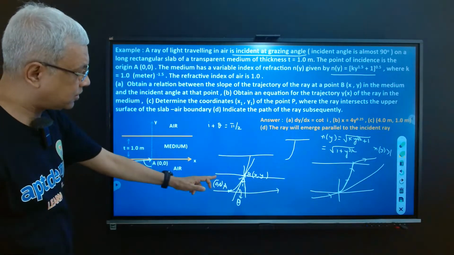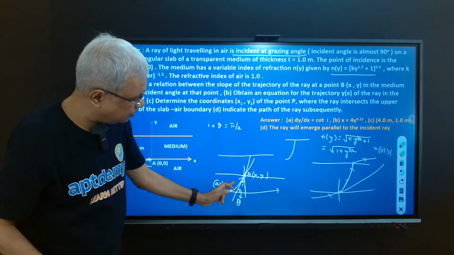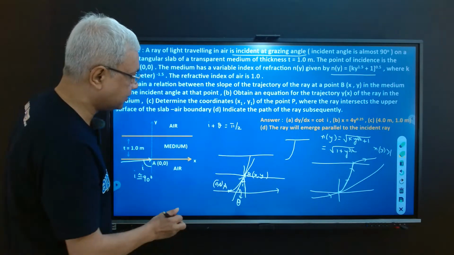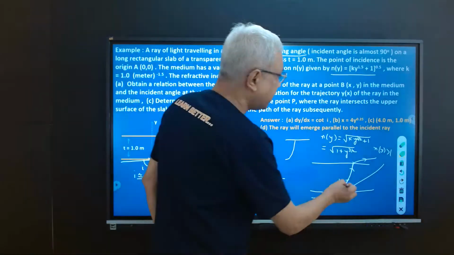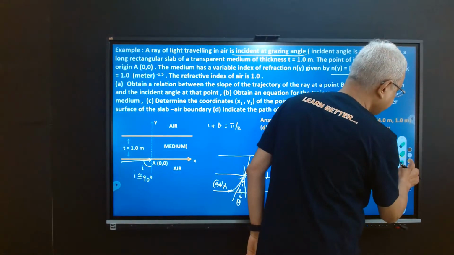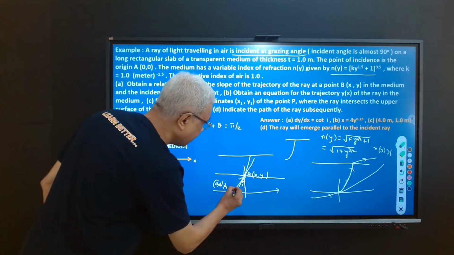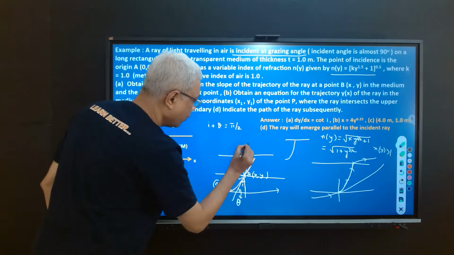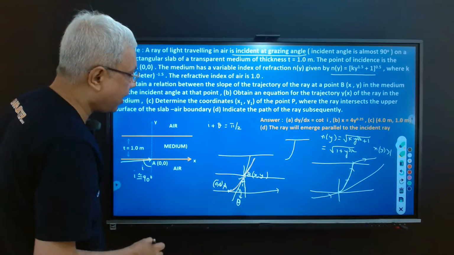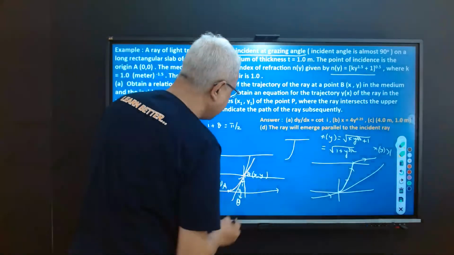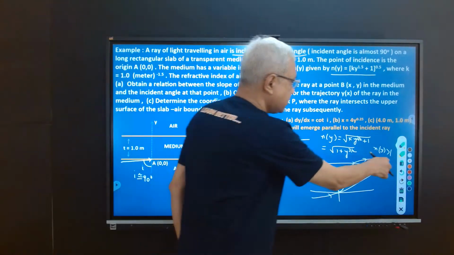I think this point is clear. The ray is continuously bending, and this becomes the trajectory of the light ray. This becomes this yellow line. Let me draw it, one second. And let me draw a tangent, not like this. Sorry.